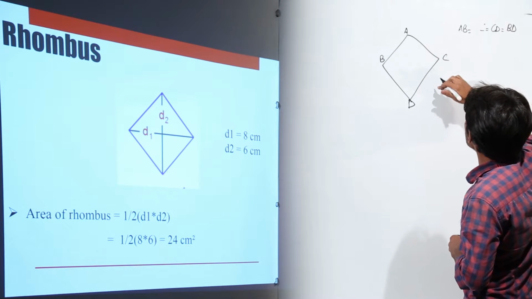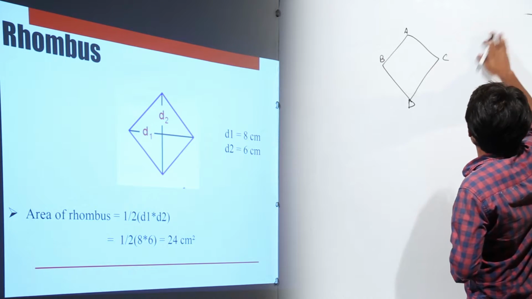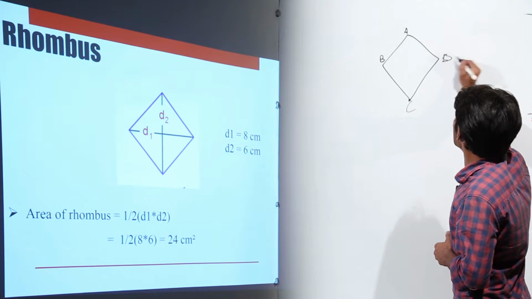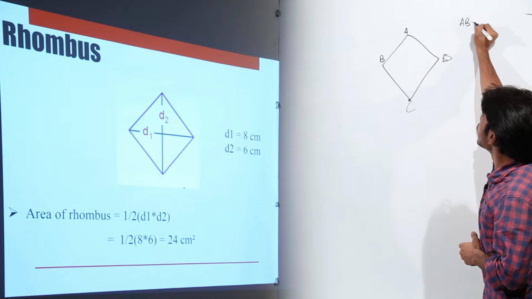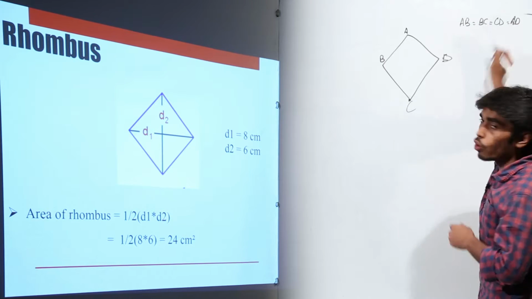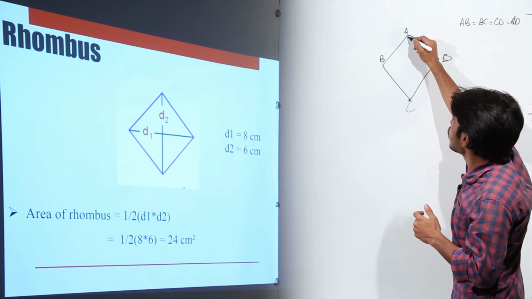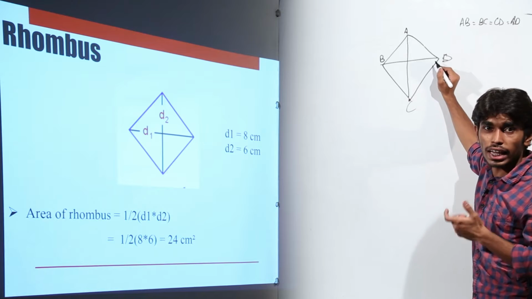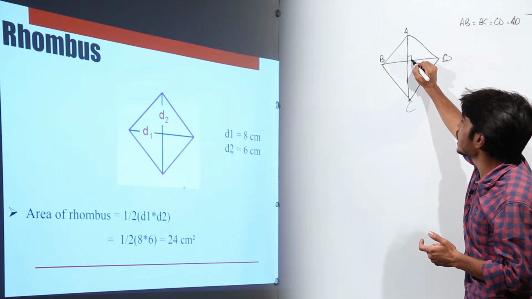AB is BD. I'll number them again. A, B, C, D. So the sides AB is equal to BC is equal to CD is equal to AD. All the sides are equal, and when I draw the diagonals, the diagonals intersect each other at 90 degrees.